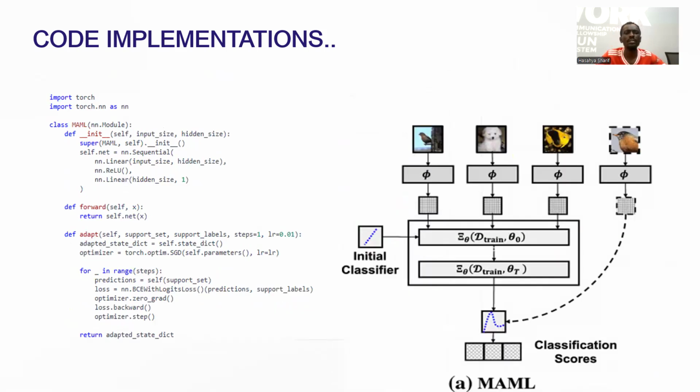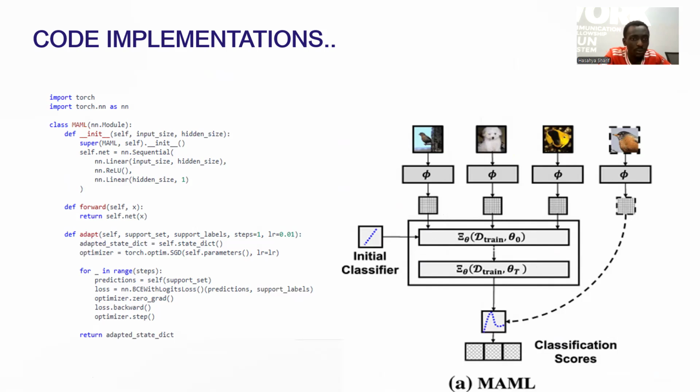Then next we are implementing the MAML, and our key components here are the net, which is our base neural network, as you can see here. And then we have the adapt, which is the method for our fast adaptation. And then we have the optimizer, which is the SGD for the inner loop optimization.